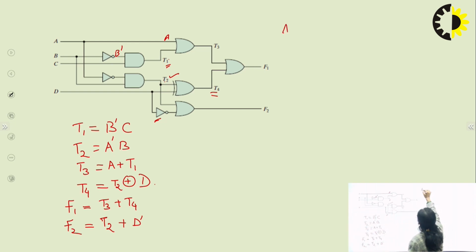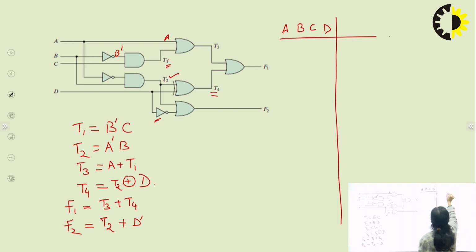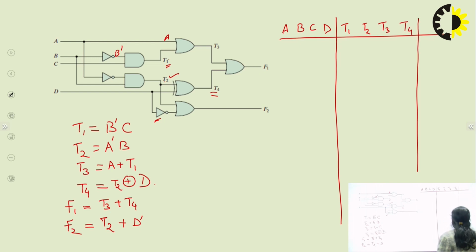For the truth table we have 16 combinations for each of A, B, C, D, and we will have T1, T2, T3, T4, the intermediate outputs, and then we will have F1 and F2.